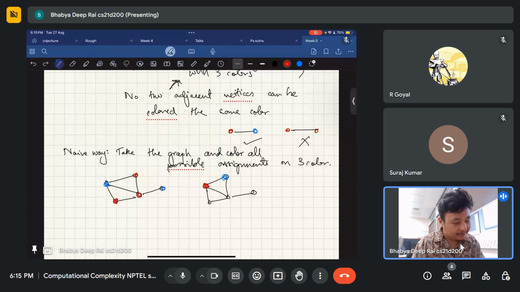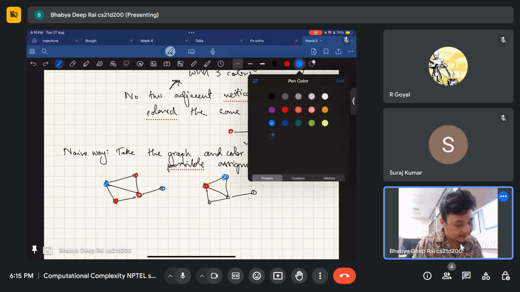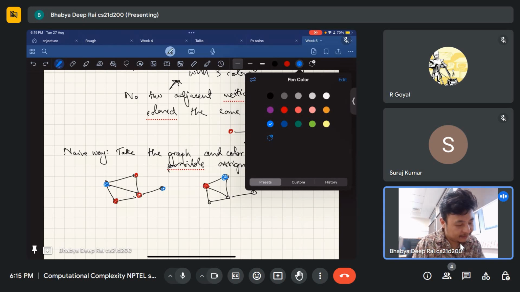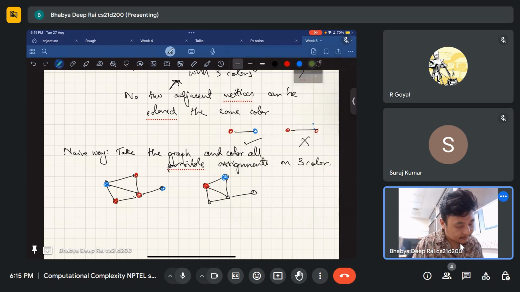This time I use a different color. Let's say I use a green here, a blue here, and a red here.